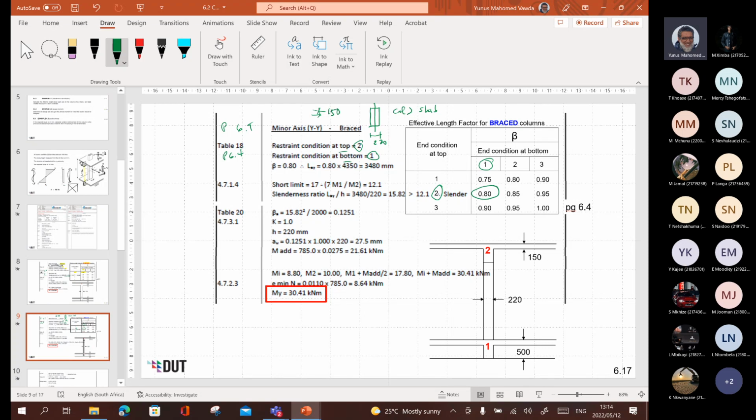So I've got 0.8 times the clear distance, which is 4,500 minus 150, which is 4,350. Multiplying that by 0.8, I get 3,480.